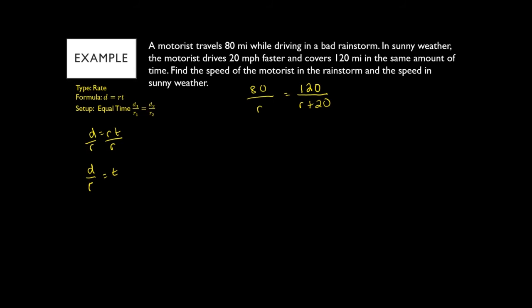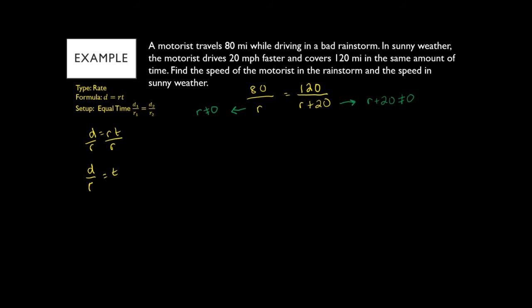So I've got a proportion here, but it's a little more complicated than our other proportions because now we've got two denominators that contain variables. We still have to consider that the denominator cannot be 0. So R cannot equal 0. And here, R plus 20 cannot equal 0, because the denominator cannot equal 0.